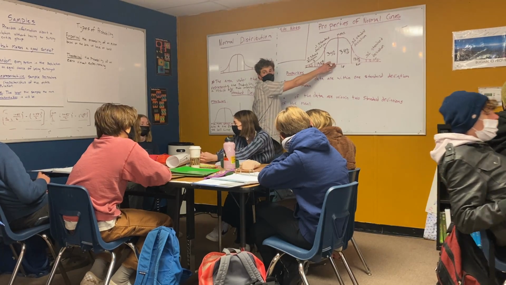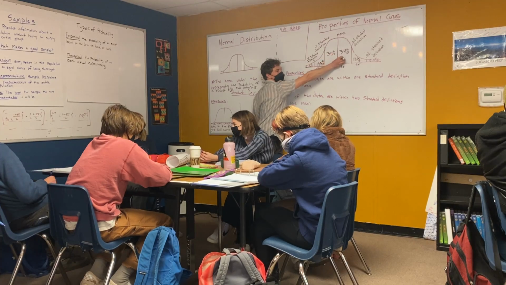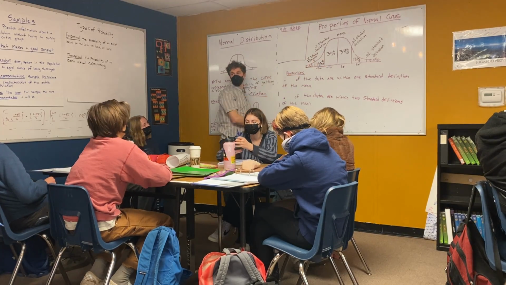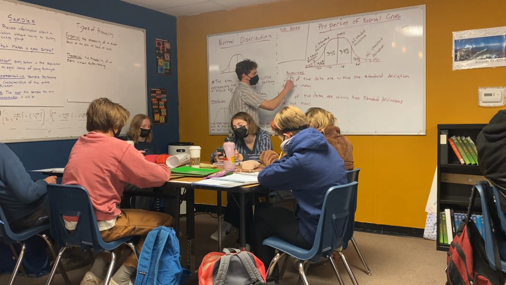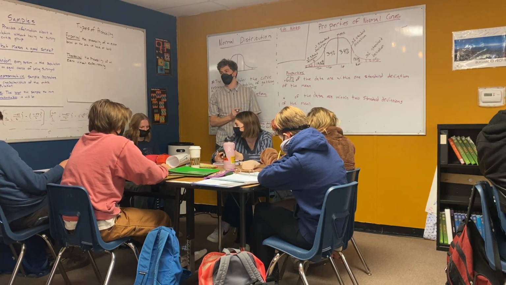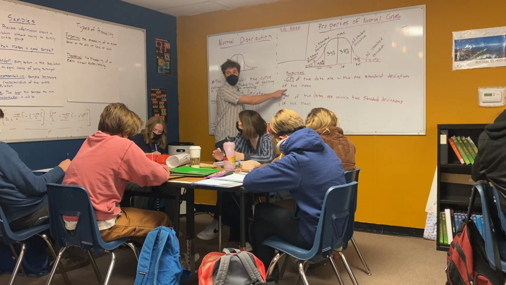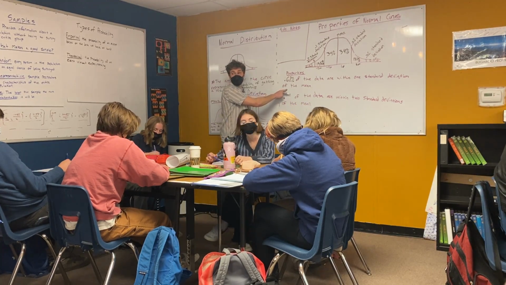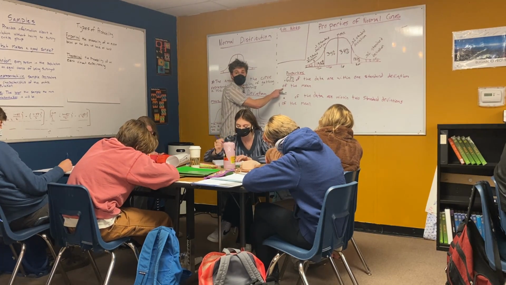This is also 1 standard deviation of the mean. So if I take this area and that area and add them together, always 68% of the data are within 1 standard deviation of the mean. Write this down, this is important. I do expect you guys to have these percents memorized for a bell curve.